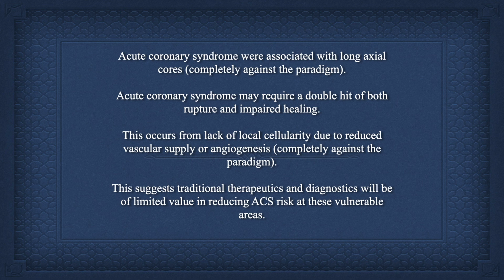And their 2019 Circulation paper, I'm unaware of another one that says that it was critical in healing and it was needed. And contrary to what some people publish about plaque healing, the current therapeutics, it's highly questionable, can work if you don't have cellularity and you don't have vasculature in the area that ruptures.